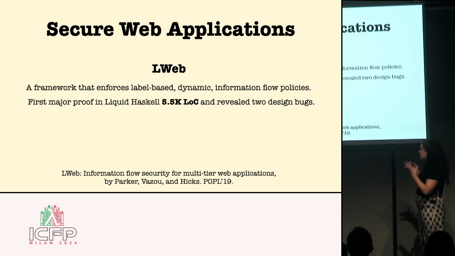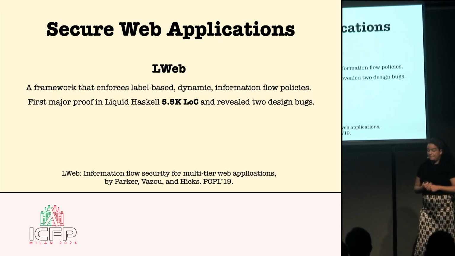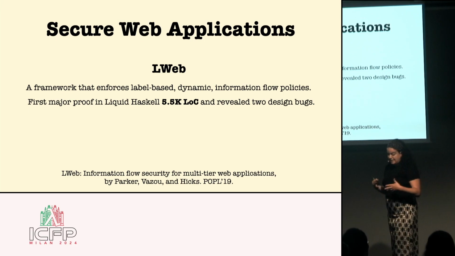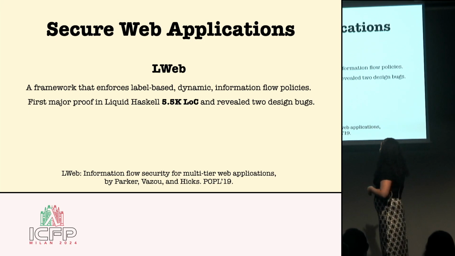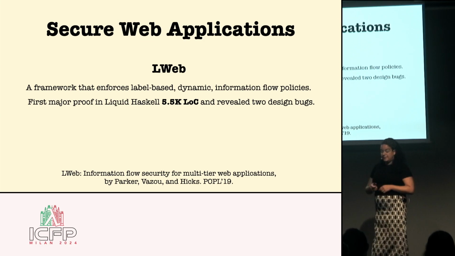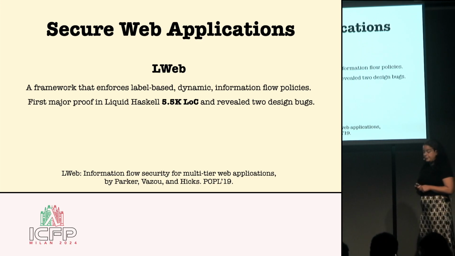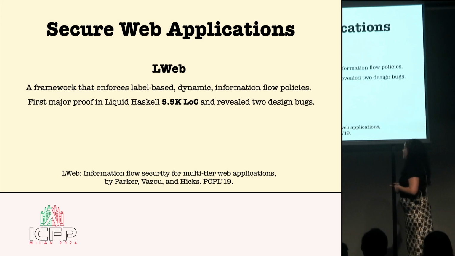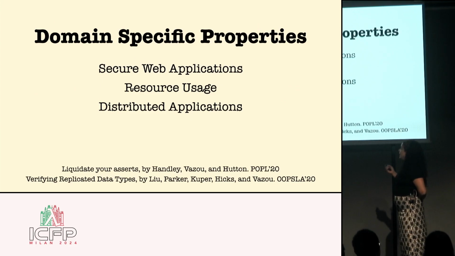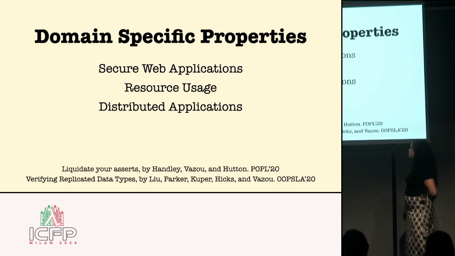And these security properties are very refined. There were actually two conceptual bugs in the implementation of LWeb that we found during the development of this proof. This was the first big proof, and then many domain-specific proofs came.